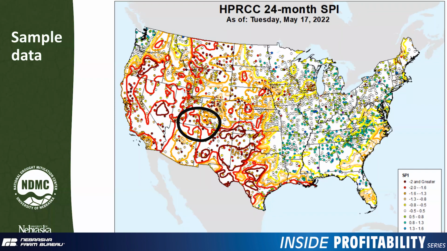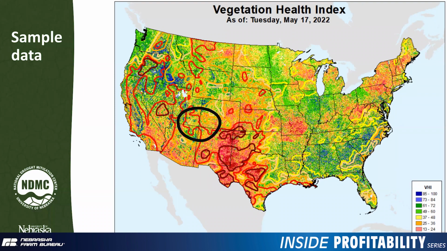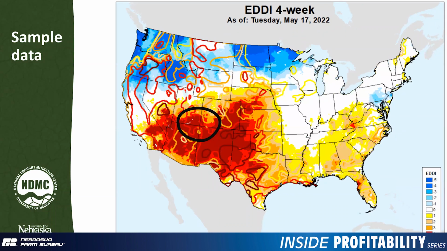So again, 2 years, vegetation health. This looks at satellite conditions of vegetation. This is for evapotranspiration, which also is going to play a role on forage and row crops and even forests.